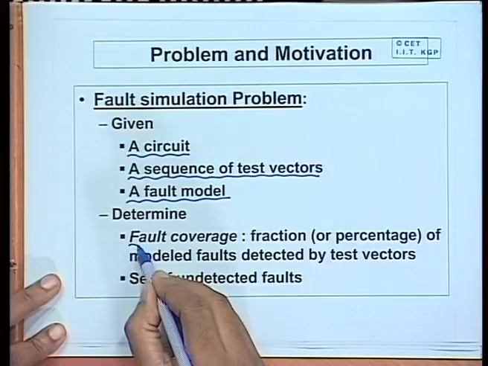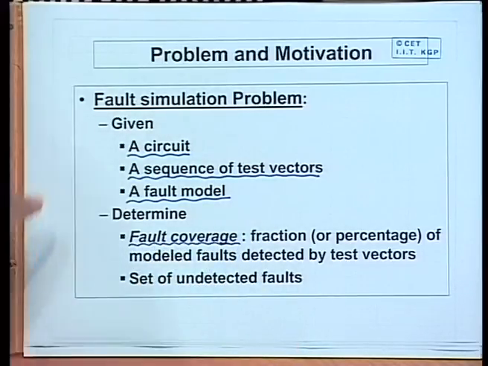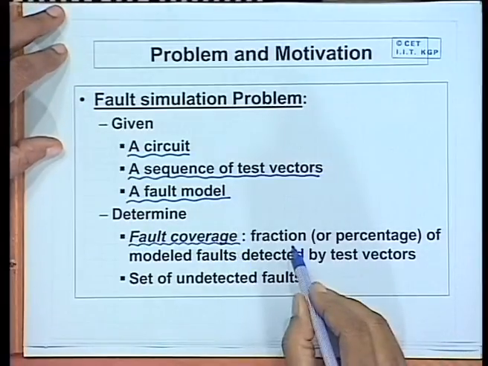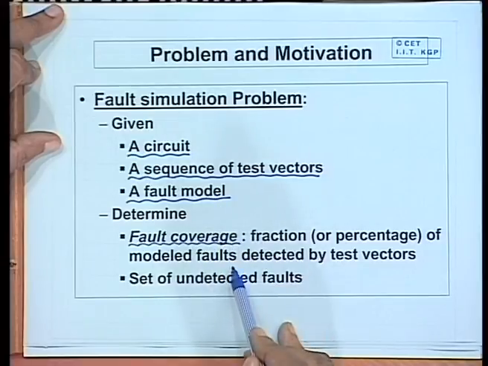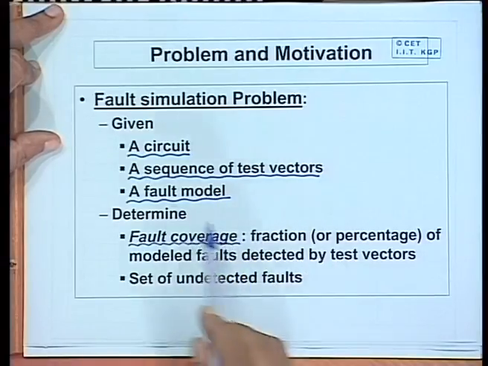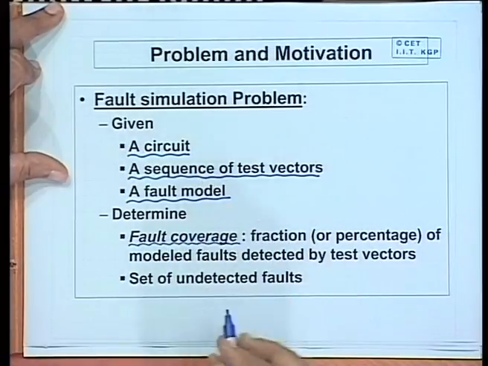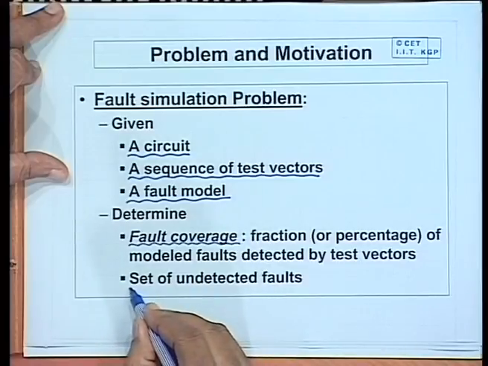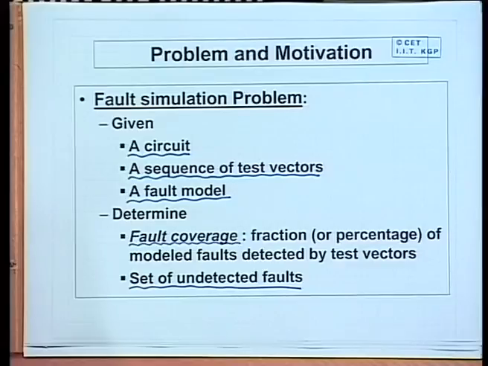We want to determine a parameter called fault coverage. Fault coverage is the fraction or the percentage of the modeled faults which are actually detected by these given test vectors. Moreover, fault simulation can also give you a set of undetected faults, for which you may have to generate some additional test vectors. Okay.